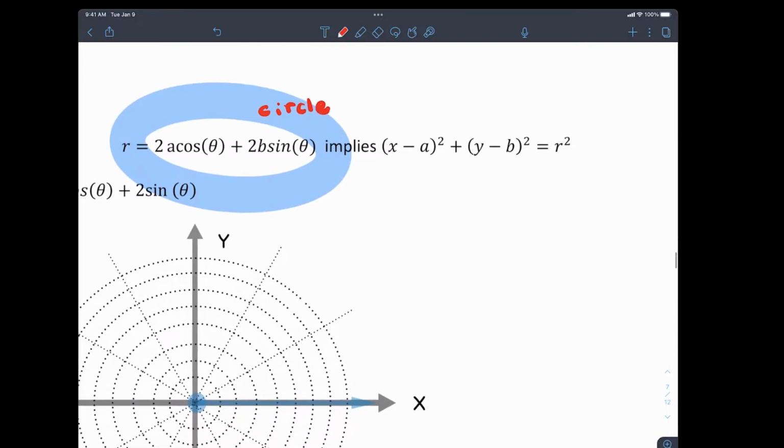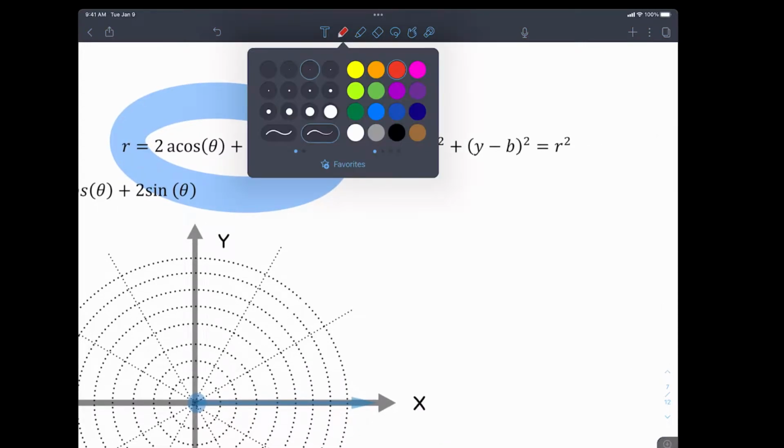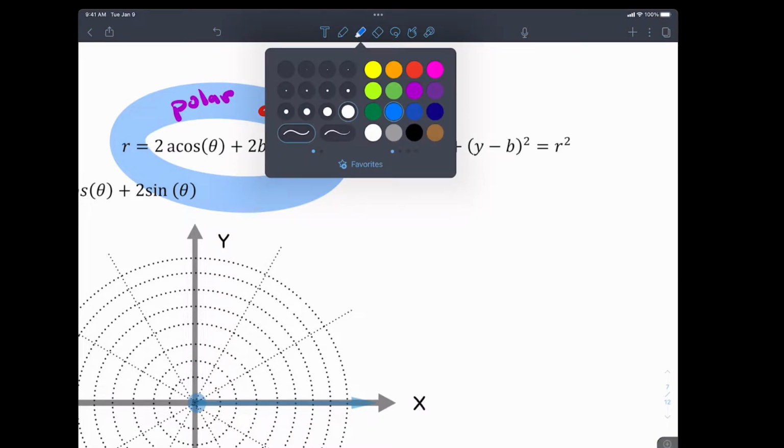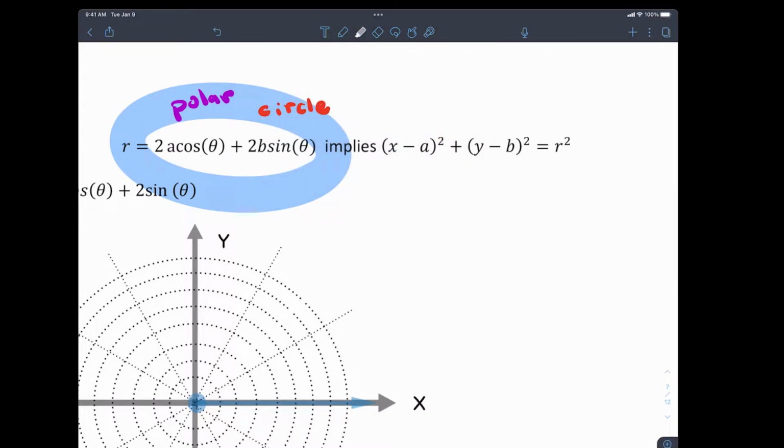And you might say, what do you mean? This is polar. This is a polar form of a circle. And then over here, ladies and gentlemen, this is the rectangular form. It's Cartesian coordinates, also known as rectangular.